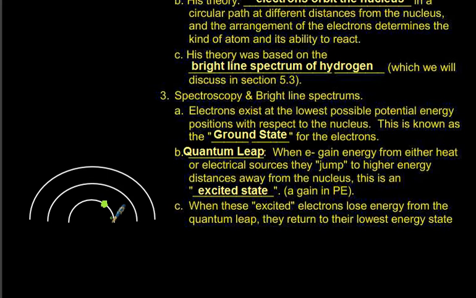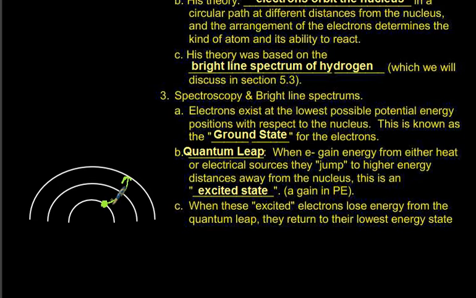She's going to want to expand and go out and create big circles around mom and dad. And so when the little kid gains energy, she'll move out to a larger energy circle. And that's what electrons do.